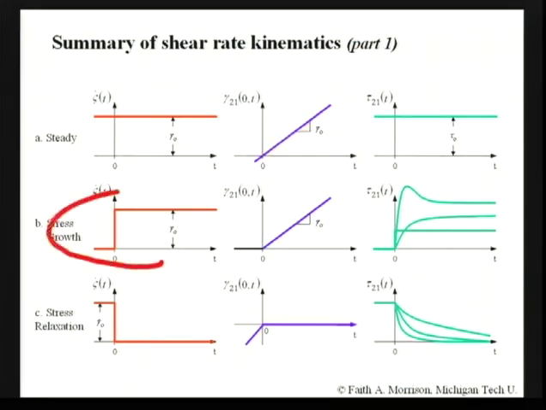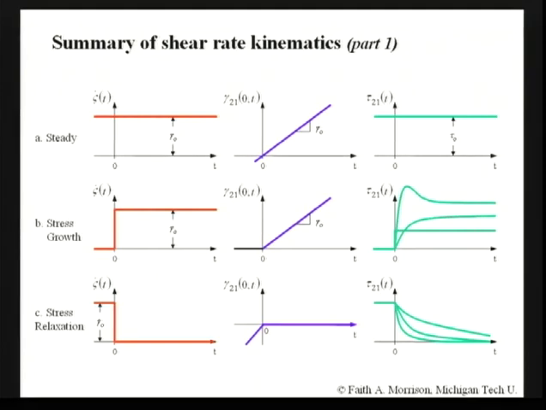For the stress growth experiment, same deal. We have to specify the shear rate function, gamma dot. In this case, it's a step-up function. For Newtonian fluids, we showed that the stress response is a step-up function. And for non-Newtonian fluids, the stress increases to some usually steady value, but it doesn't have to be a monotonic increase. It can show one overshoot. It can show overshoots and undershoots.